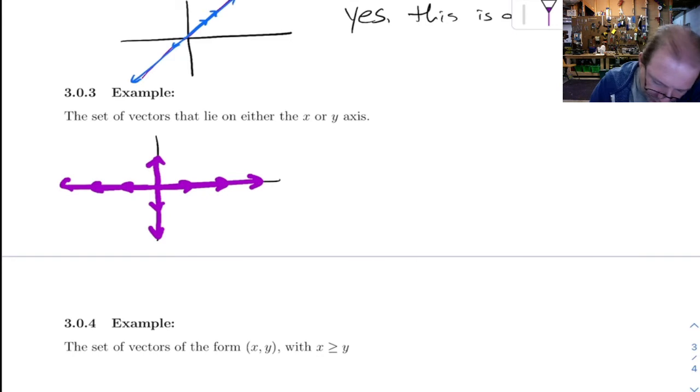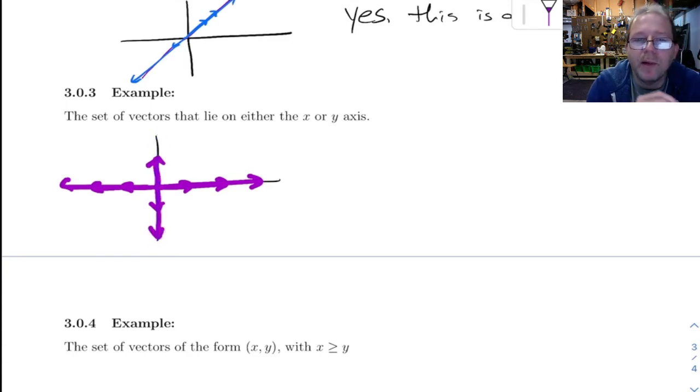Now, if you look at this, these are closed under multiplication, it looks like. Because if you take any of these guys and you multiply them by a number, it's just going to stretch or shrink it, and it might change the direction. So if you start with a vector on the x-axis, a multiple of it is going to stay on the x-axis. And ditto for the y-axis.